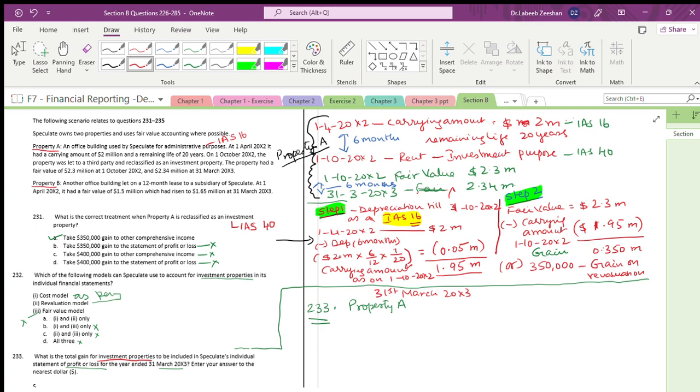Fine. Means they are asking us what is the gain in the individual statement. Definitely the property value has been increased. Property A is how much? 31st.